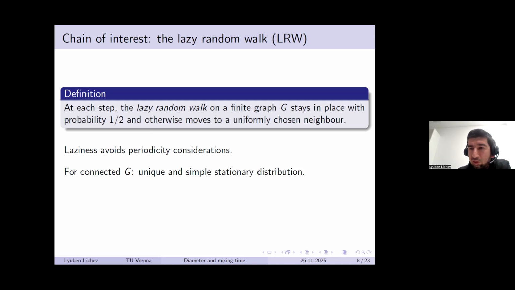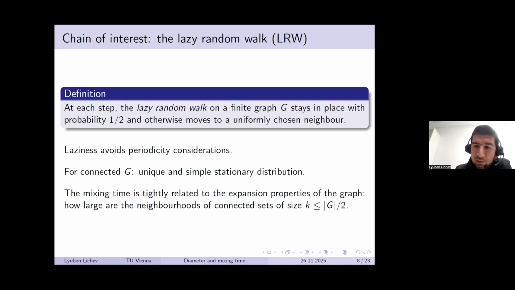And since we are looking at the giant component, our graph will also be connected, and the lazy random walk on connected graphs actually has a very simple stationary distribution. And also the stationary distribution is tightly connected to the expansion properties of the graph, something that we're going to see in a little bit.